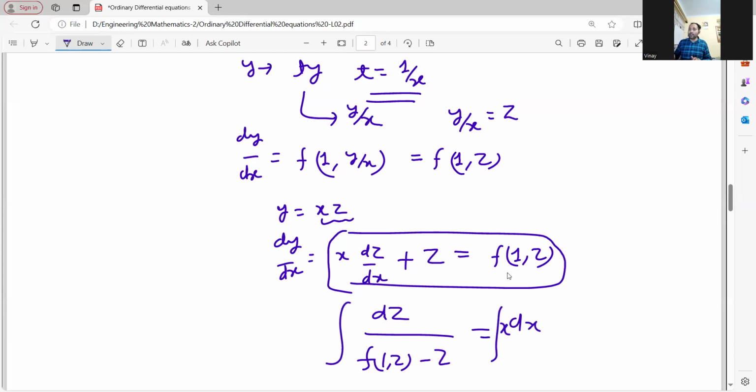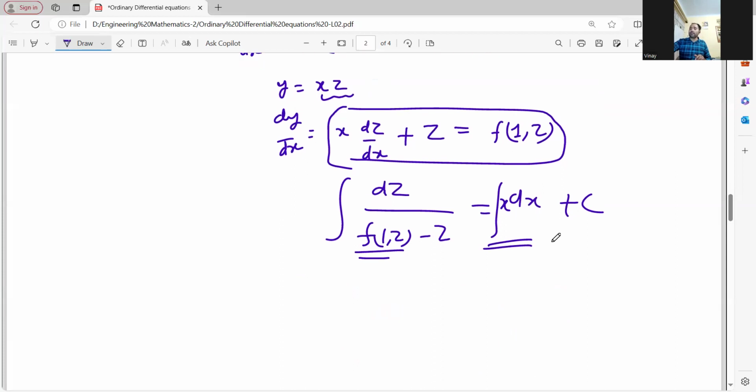Now you can easily integrate it. Of course, the integrand has to be integrable. If you cannot integrate these functions, then what will you do? You will find those integration values numerically or by some standard method. That you will see once you have understood enough about differential equations.